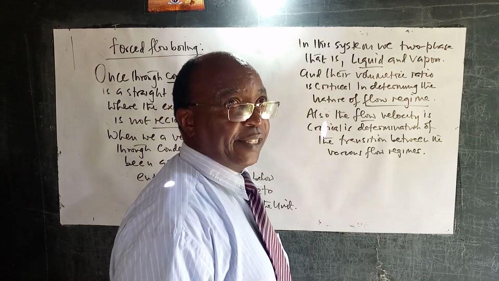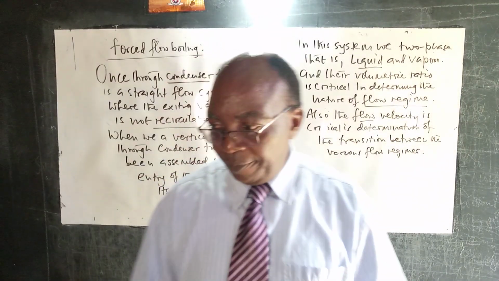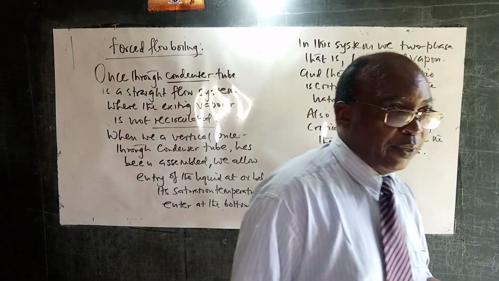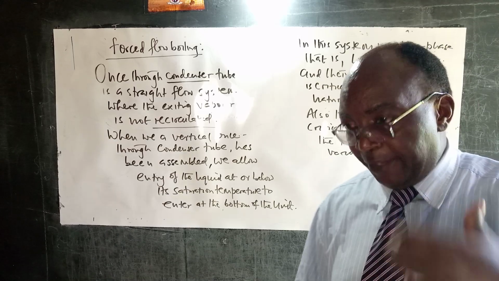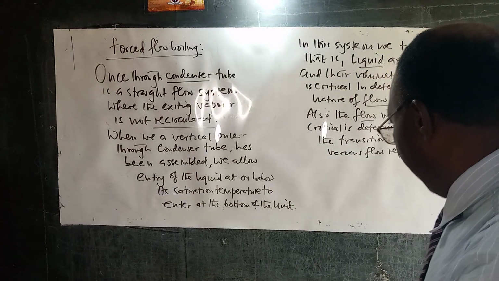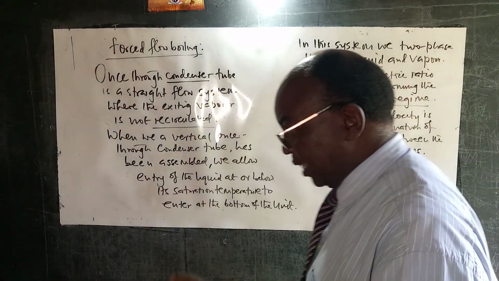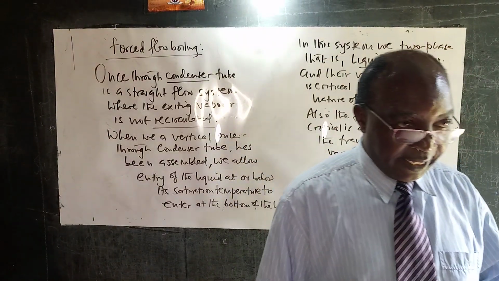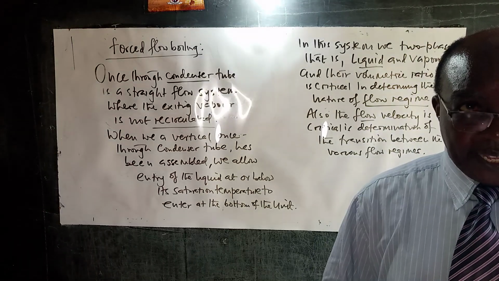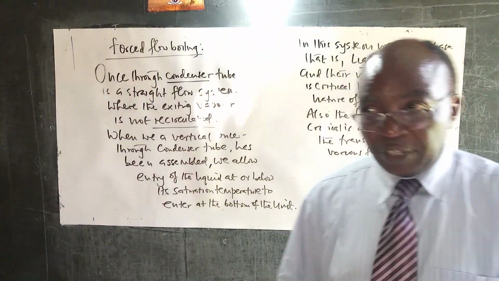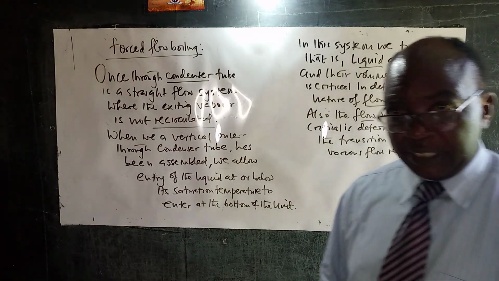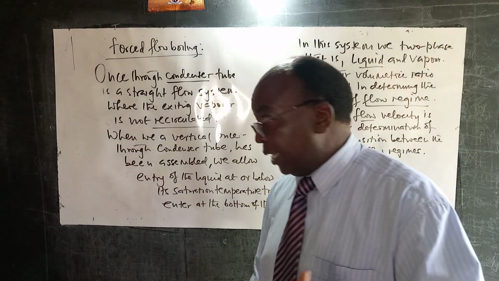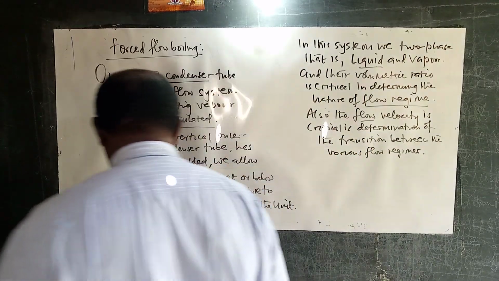So this is a two-phase system where we have liquid and we also have vapor. Their volumetric ratio is very critical in determining the kind of flow regime. And not only that, the flow velocity is also very important in determining the transition between these flow regimes.